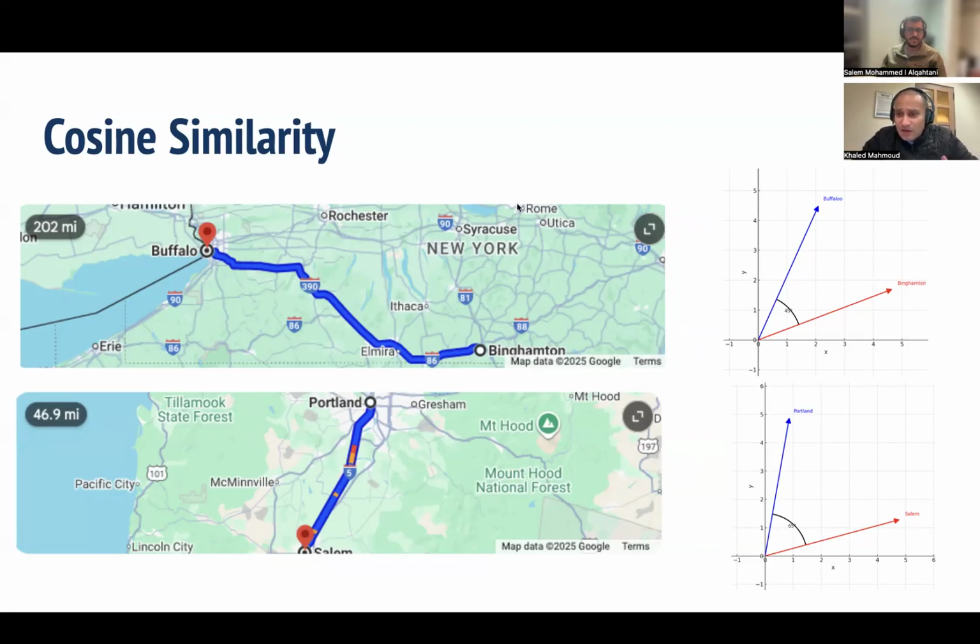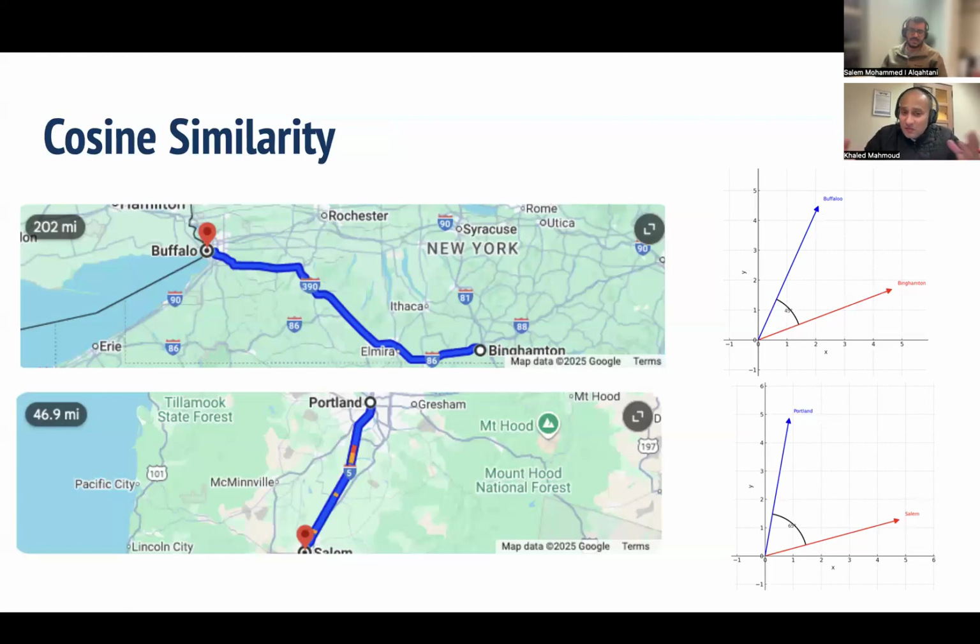Somebody might represent Binghamton as a vector and Buffalo as a vector, and then look at the angle between these two vectors. So here, an important concept is that a measure of how close or far two vectors are to each other is the angle between them. That's called the cosine similarity.